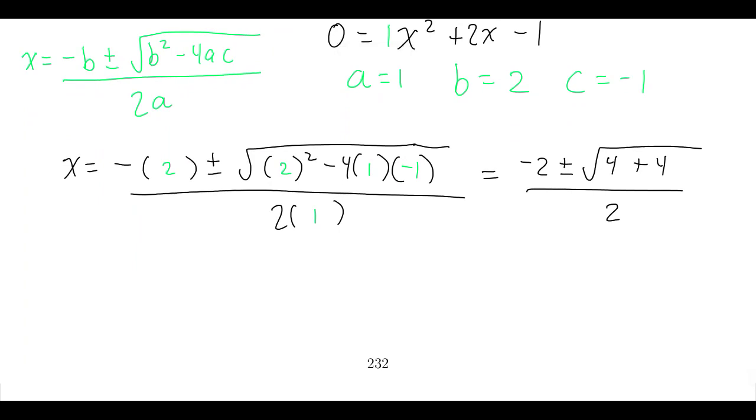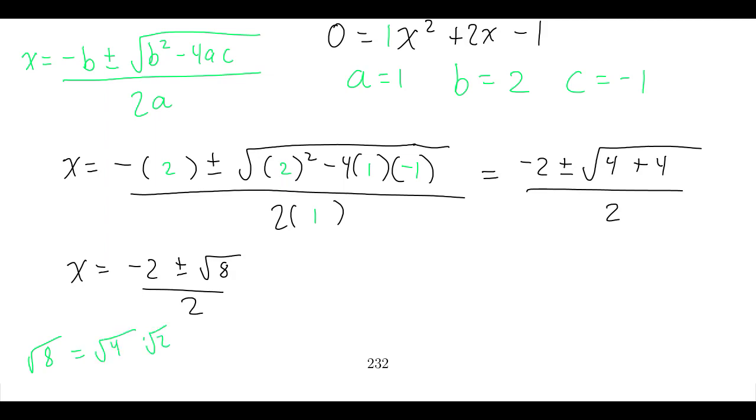Okay, so let's see, this now will simplify even further. Negative 2 plus or minus the square root of 8, over 2. I should try to simplify the radical. The square root of 8 is actually the square root of 4 times the square root of 2.